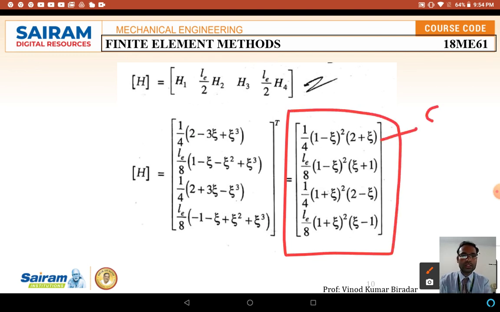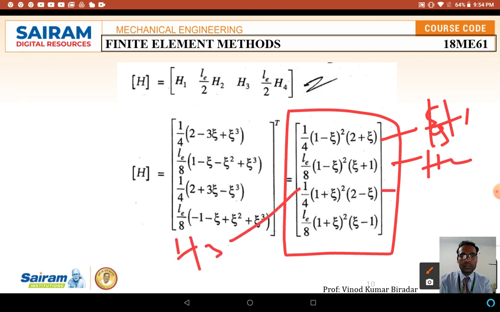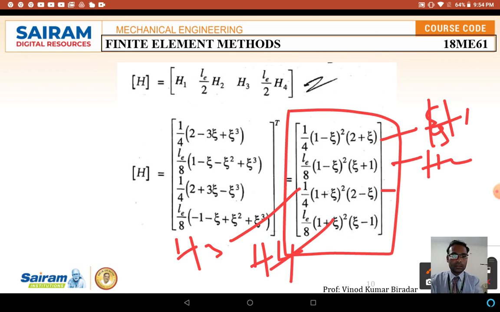This is the h1 value, this is h2, this is the h3 value, and this is the h4 value. You have to remember these values. This is very important.